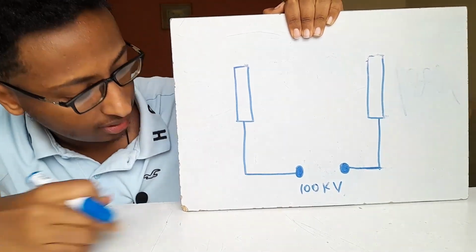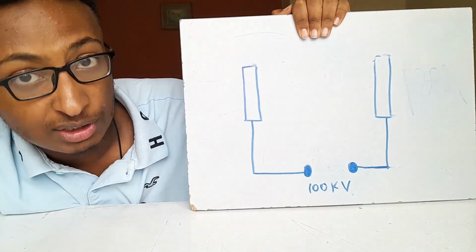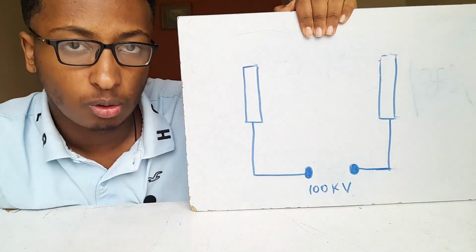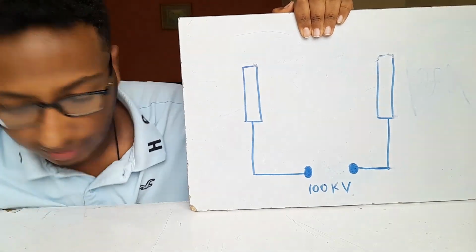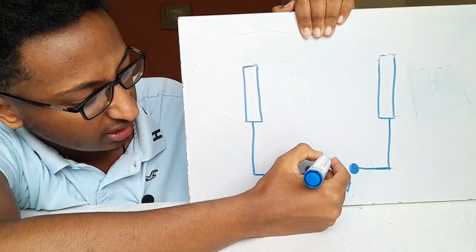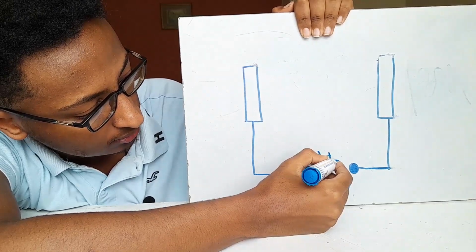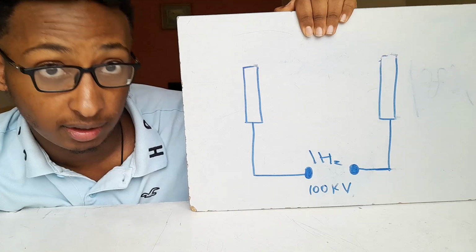Frequency is measured in hertz, which means 1 vibration, or 1 cycle, per second. So let's just say this voltage is at 1 hertz. If this is at 1 hertz, there would be a spark.